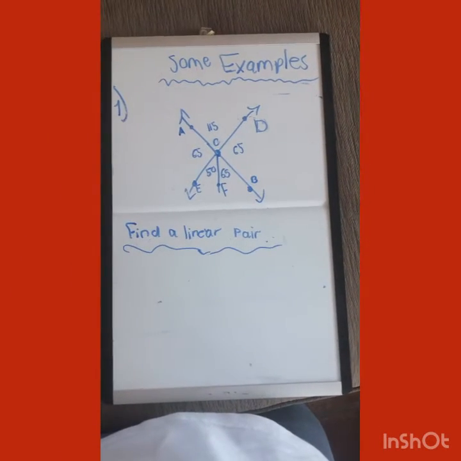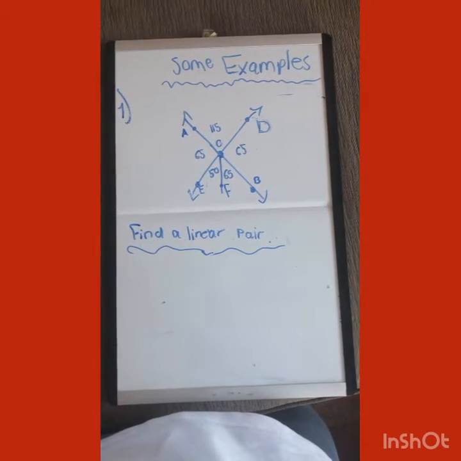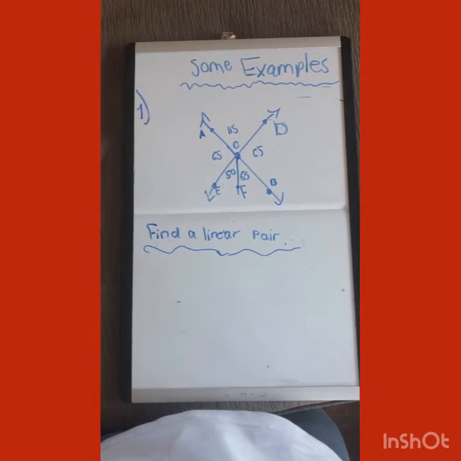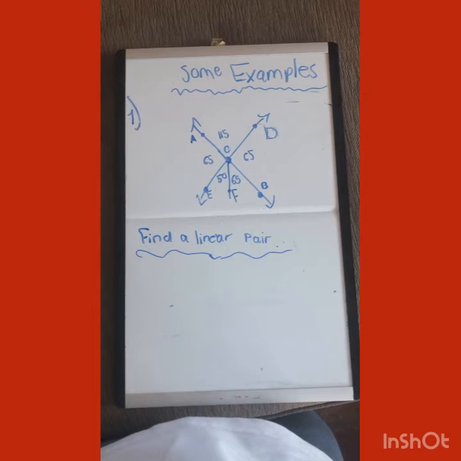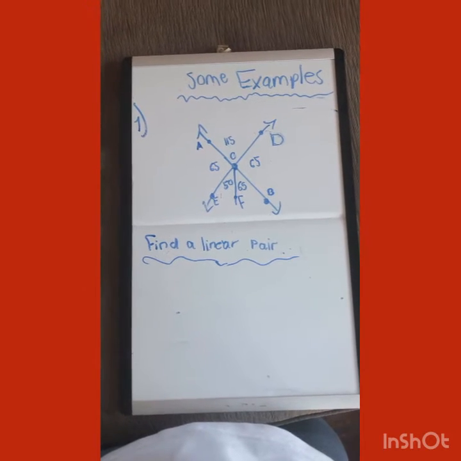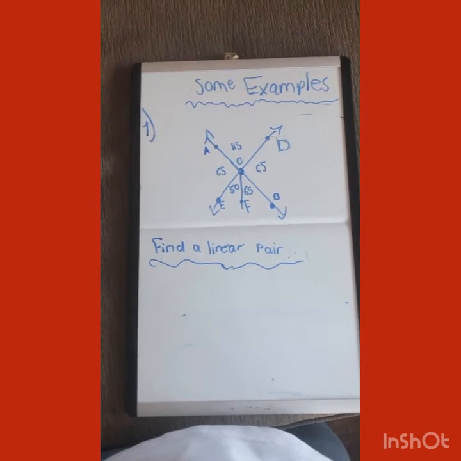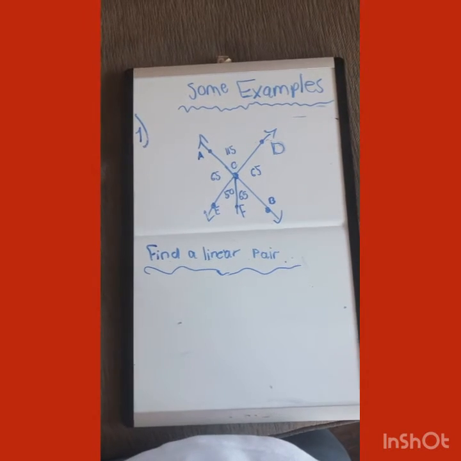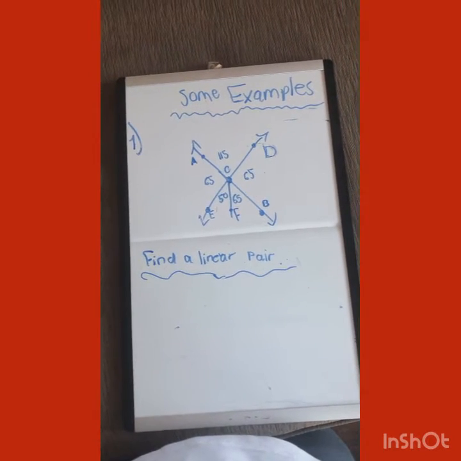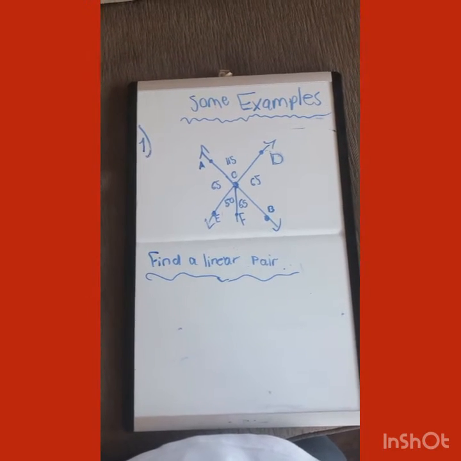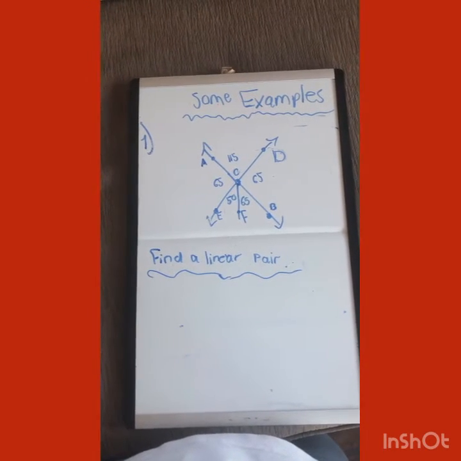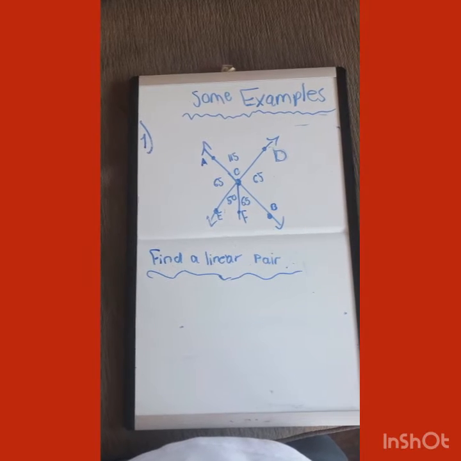Let's go over some examples now just to review the things we have learned today. So right here we are asked to find a linear pair. Now we went over what a linear pair is, and that is two intersecting lines creating two adjacent angles that add up to 180. So every time you hear linear pair, just think of 180. It will help you a great deal when answering a question like this.